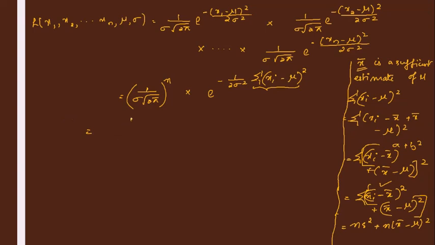So this is equal to 1 by sigma root 2 pi the whole raised to n multiplied by e raised to minus n s square divided by 2 sigma square. I'm going to split this up, multiplied by e raised to minus n x bar minus mu the whole square divided by 2 sigma square. If you join this you will get this itself. I haven't written a step over here, just give it a little thought.